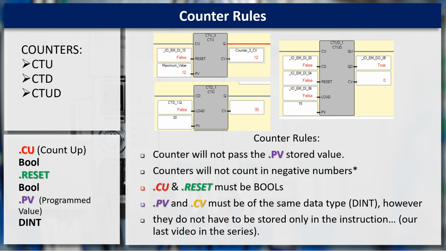However, they do not have to be stored only in the instruction. In the last video of our series, we're going to cover how you can store different process variables or program variables, and where you can refer the current value to other parts of your logic.